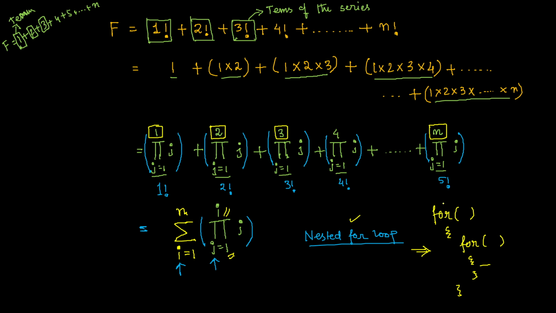Is this for loop representing sum or pi, or this one, sum or pi? Which one? Always remember, whichever is on the right side represents the inner for loop, whichever is on the left side represents the outer for loop.